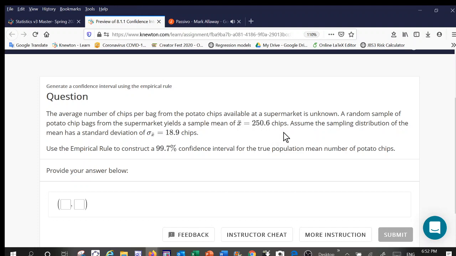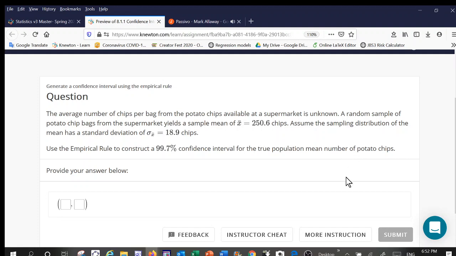Now, assume the sampling distribution of the mean has a standard deviation of 18.9 chips. So we are given a standard deviation of the sampling distribution of the X bars is 18.9. Use empirical rule to construct a 99.7% confidence interval for the true population mean number of potato chips.